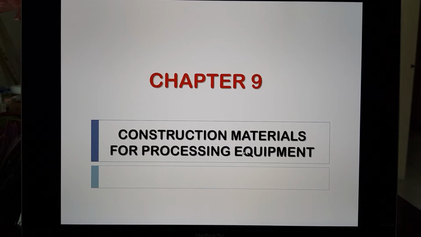Basically, for the food industry, the material selected for use in the production area should not have any adverse or negative effect on the food products, and it should not react with the food products, the food ingredients, and so on. Alright, so now let's begin with Chapter 9.